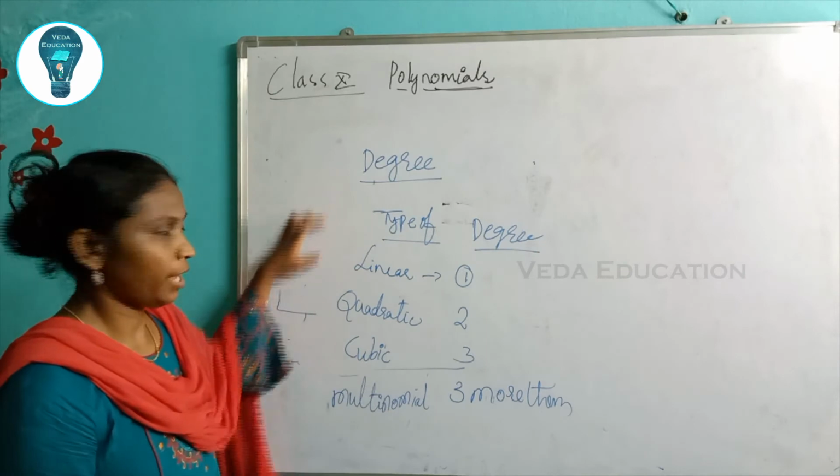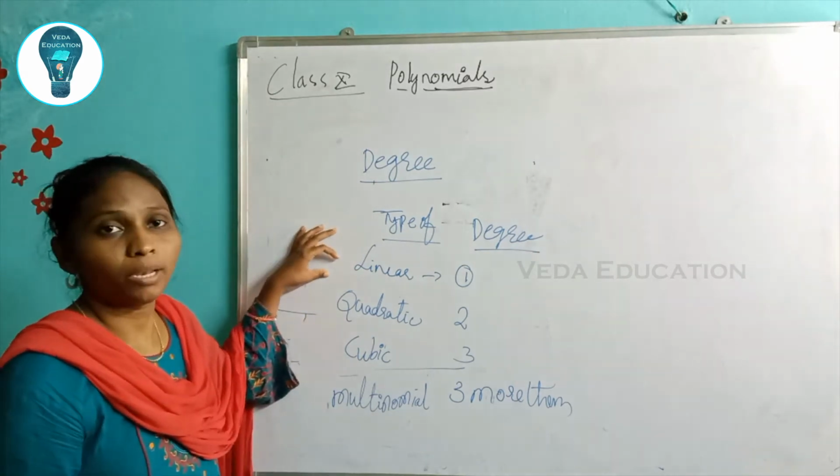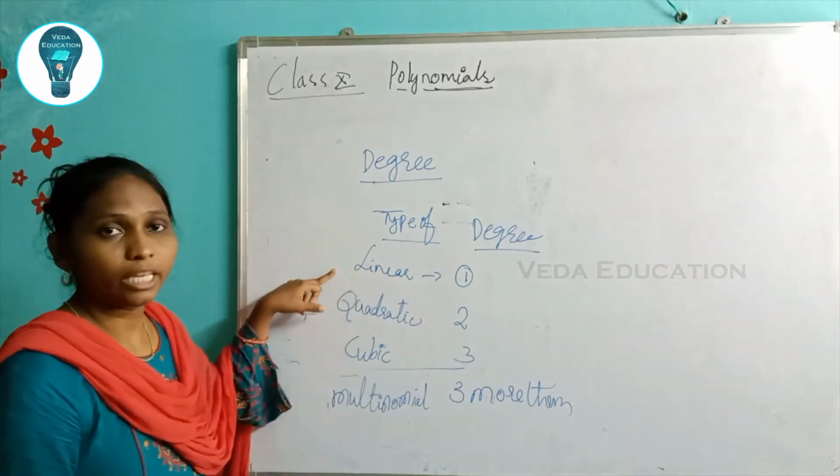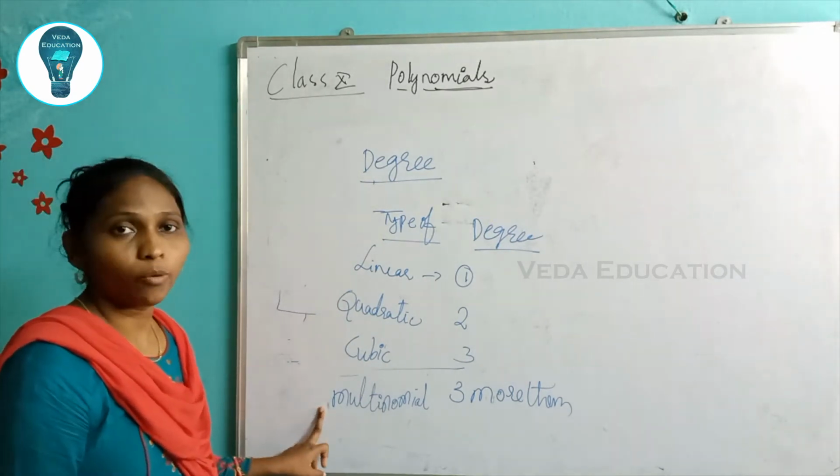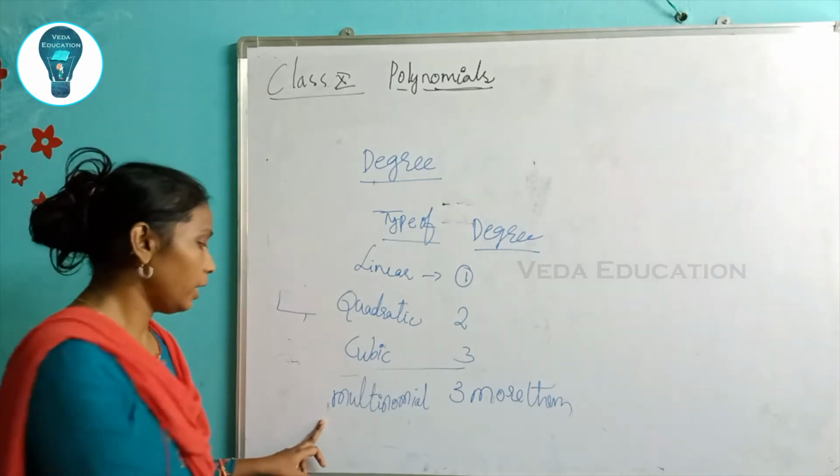Based on degrees, we have names. If a polynomial has degree 1, linear polynomial; degree 2, quadratic polynomial; degree 3, cubic polynomial; and degree more than 3, we call it a multinomial.